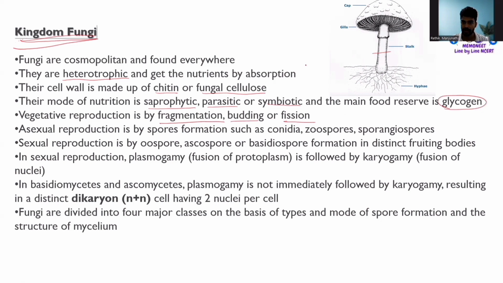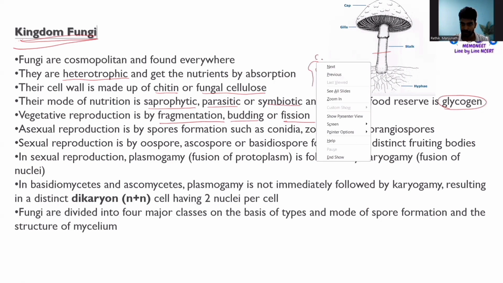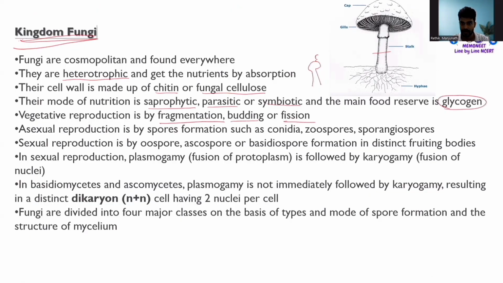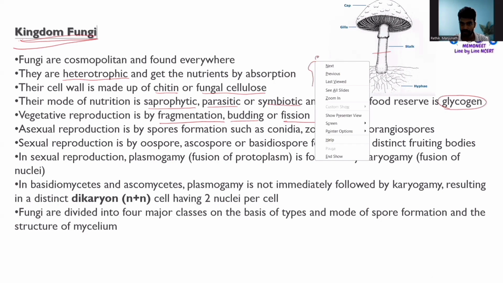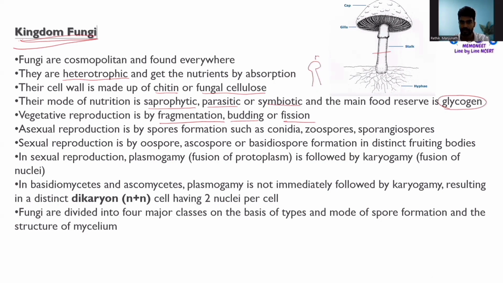Budding is when, in a fungus, a small bud appears, gets separated from the main body, and grows again as an individual. Then fission, which is clear, is the same as the budding process.